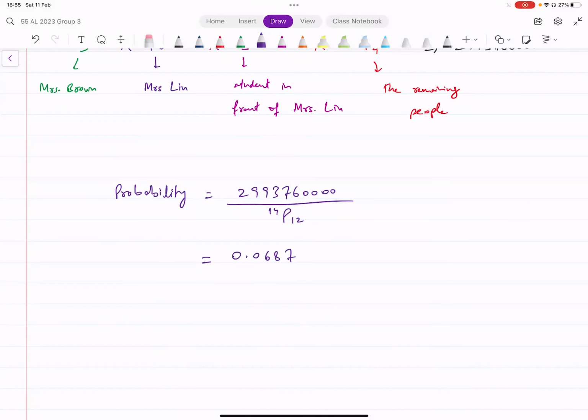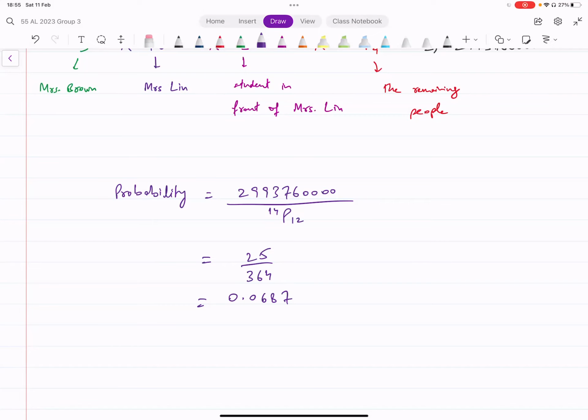Do we get a fraction for this as well? Yes, 25/364. So you could either write that fraction 25/364, or you could write it as a decimal like this, 0.0687. Okay, and that is going to give you the result.